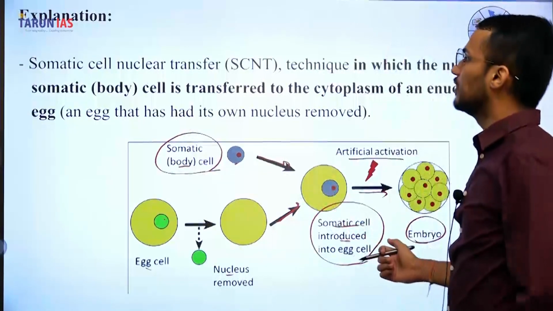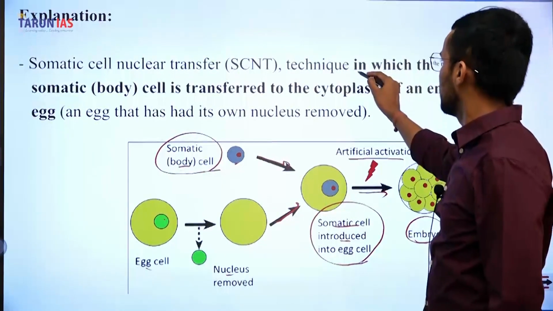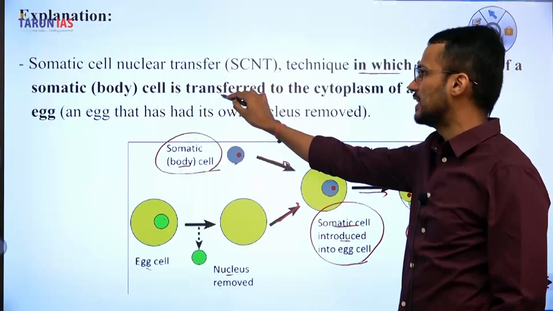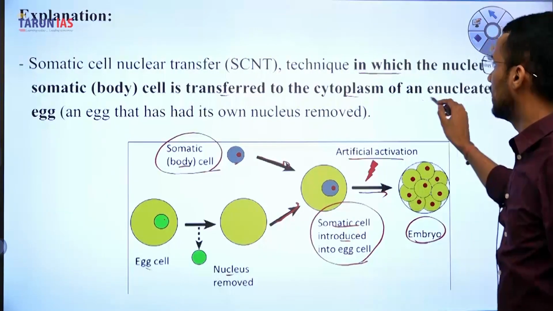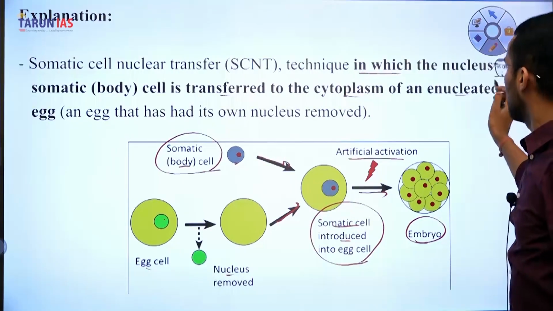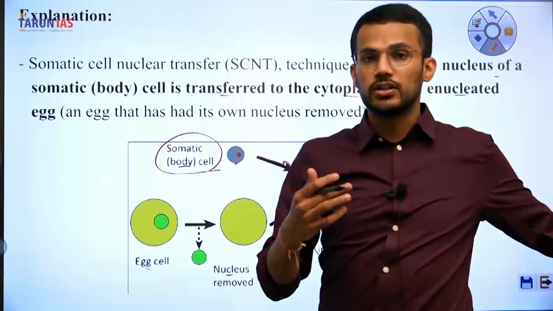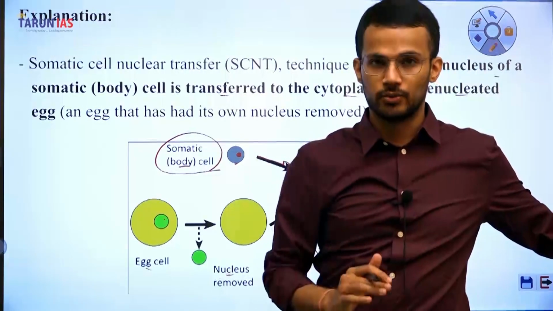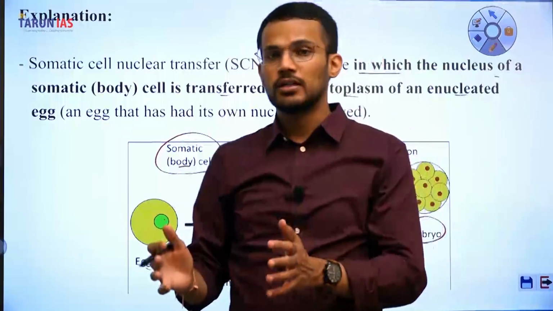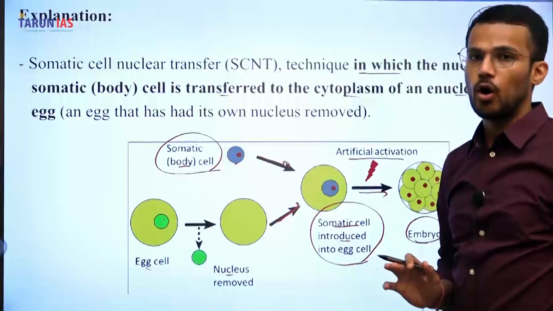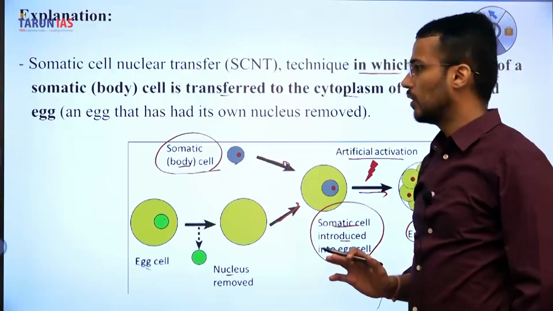So somatic cell nuclear transfer is a technique in which the nucleus of a somatic or body cell is transferred to the cytoplasm of an enucleated egg, that means an egg whose nucleus has been removed. So we transfer the somatic cell nucleus into the cytoplasm of the egg cell, right?